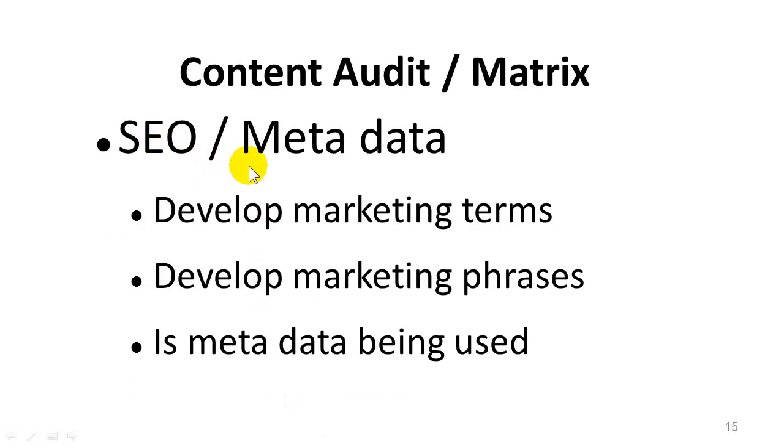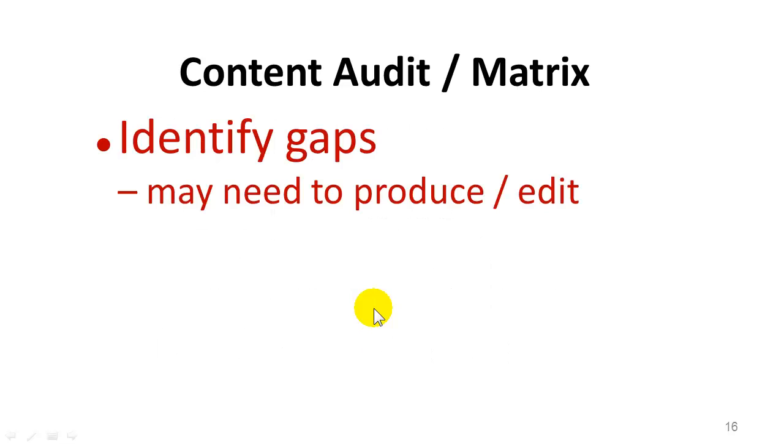Also, this is where you start thinking about your search engine optimization, your metadata, where you develop your marketing terms, your marketing phrases. This is where we identify the gaps. Figure out what we have, figure out what we need to produce, or what we need to edit.